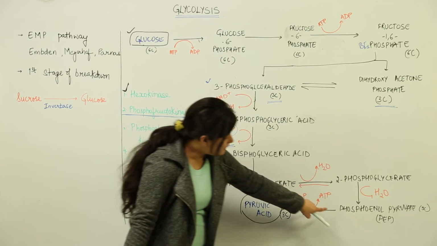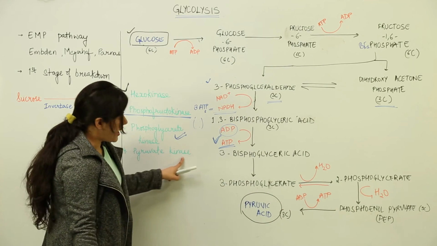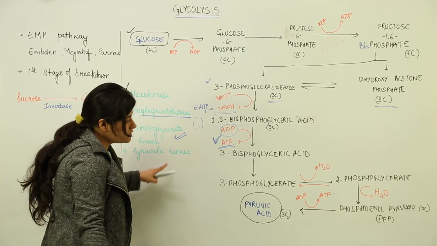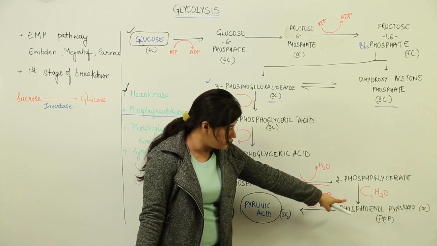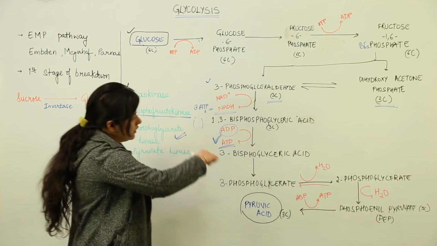Now when this PEP is formed, the enzyme pyruvate kinase enables the loss of another phosphate from PEP and another ATP molecule is formed.